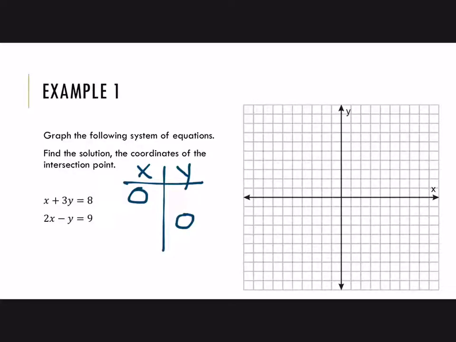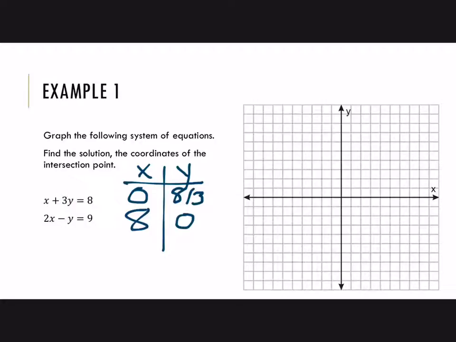When x is 0, this equation becomes 3y equals 8. Dividing both sides by 3, we have y equals 8/3. When y is 0, the 3y term is 0, so we end up with x equals 8.